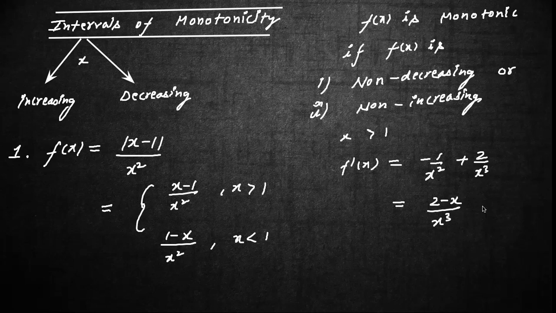We can easily form the wavy curve. One root is 0, one root is 2. Since the coefficient of x is negative, we'll start with negative, positive, negative. Now there is one more thing: x is greater than 1 in this case, right? Since x is greater than 1, 1 will be lying somewhere here. So from 1 to 2 it will be an increasing function.